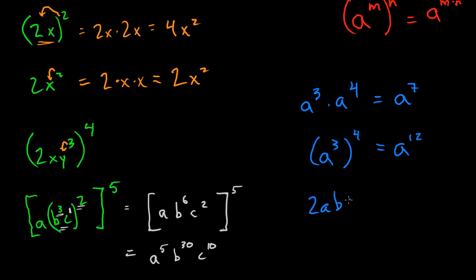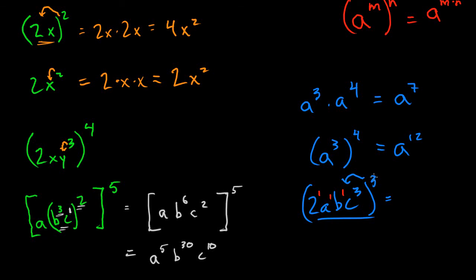This also works when we have what's called a power of a product. In this case, 2 times a times b times c^3 is all being multiplied, and then we're raising it to the 3rd power. We simply multiply the exponents for each base in the parentheses, 2 to the 1st, a to the 1st, b to the 1st, and c to the 3rd.